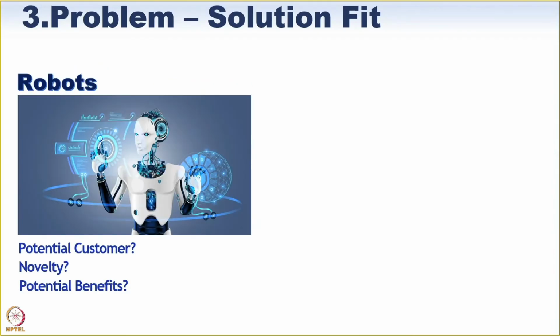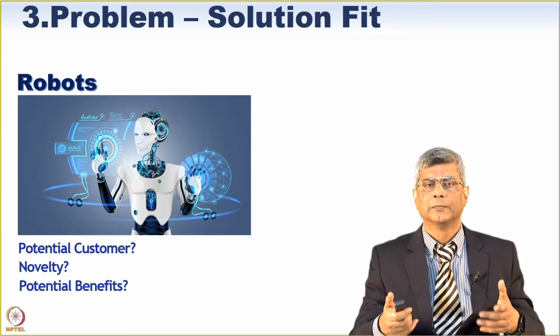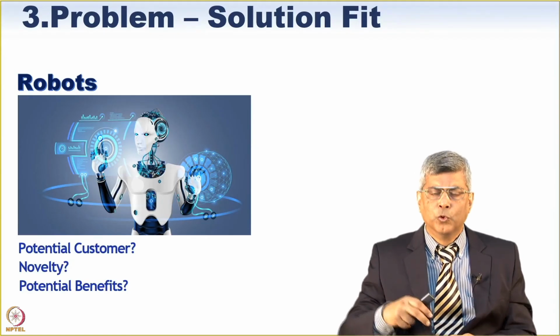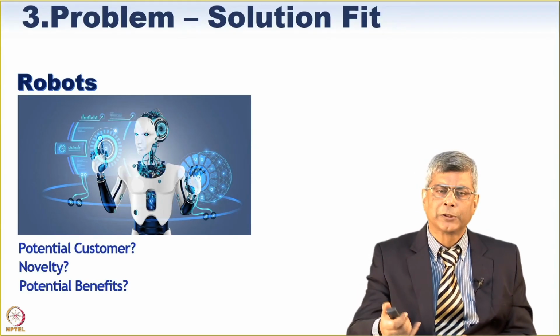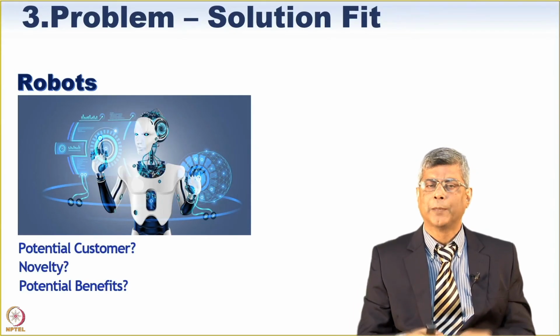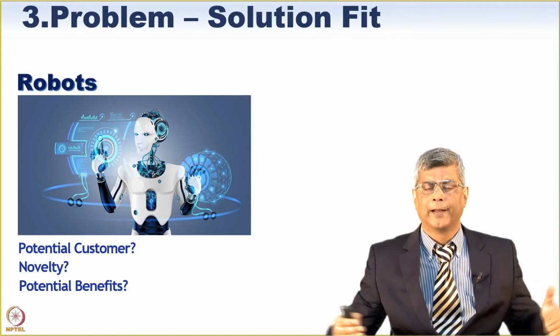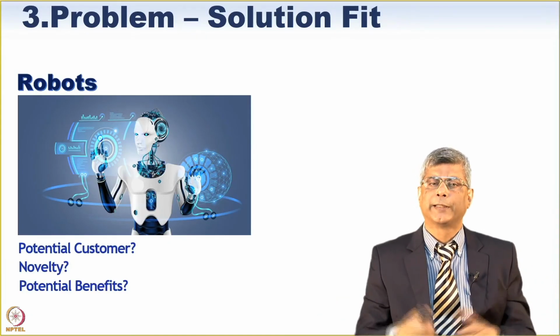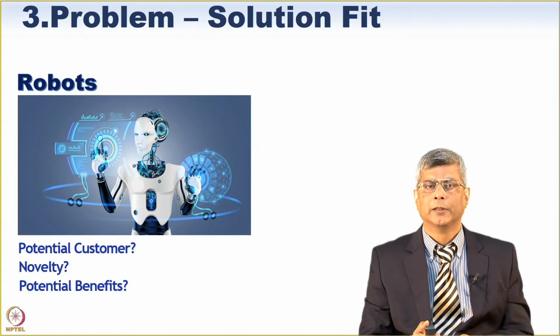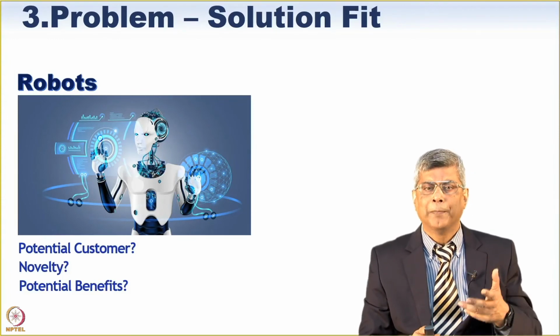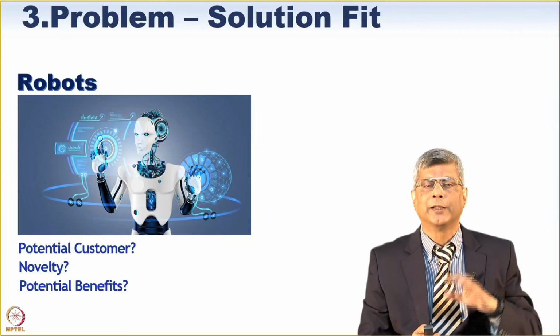So the third example is robots. A robot is a mechanical, electrical, moving object. Sometimes it looks like a human person. Sometimes it could just be a robot on wheels which can carry things from point A to point B. But again, it's unmanned. It can move around and it can do things.